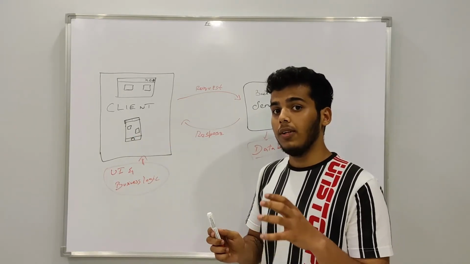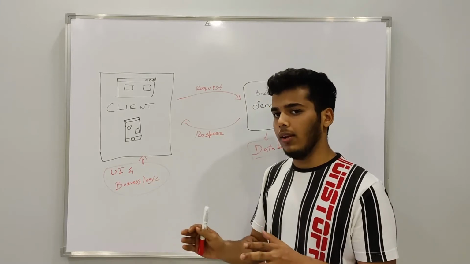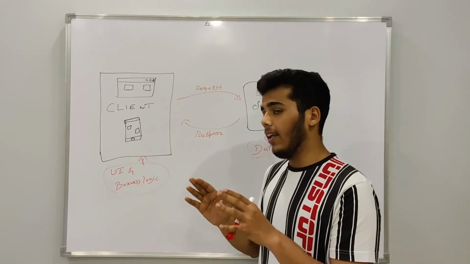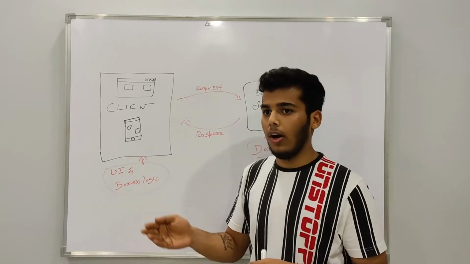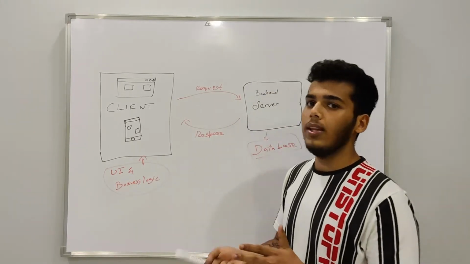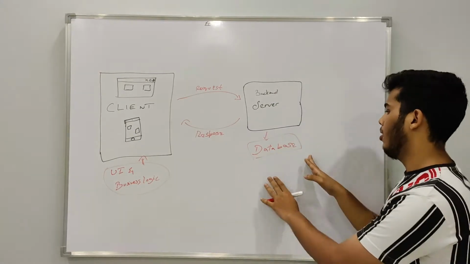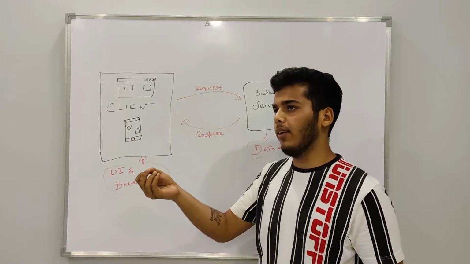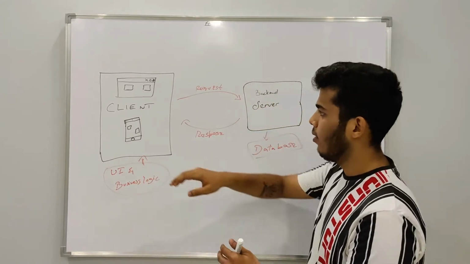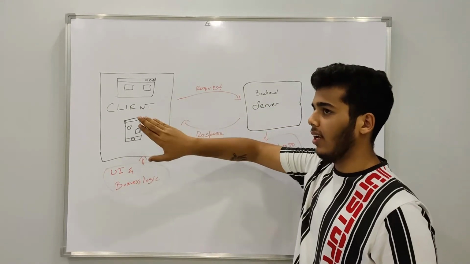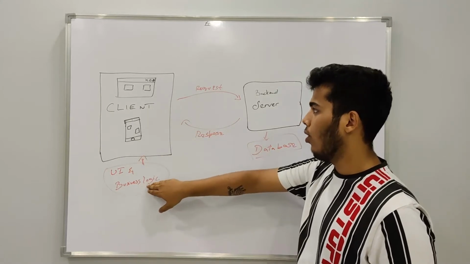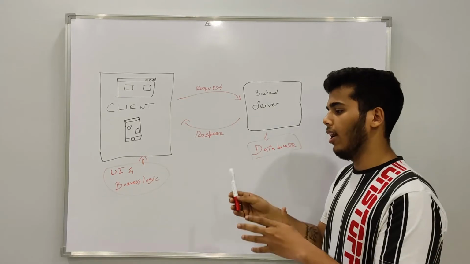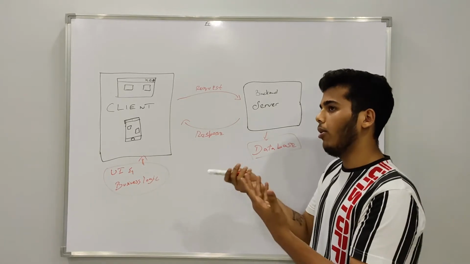Now in order for me to persist that item, let's say after reloading I don't want the item to go, I need the item to still be there after I quit the application and come back. So how will that work? That will take place on a database. So let's say I add this item where I remind myself to buy groceries for tomorrow. Once that is done, our business logic will send a request to our server saying that you need to add this to the database because we need to remind him about this.